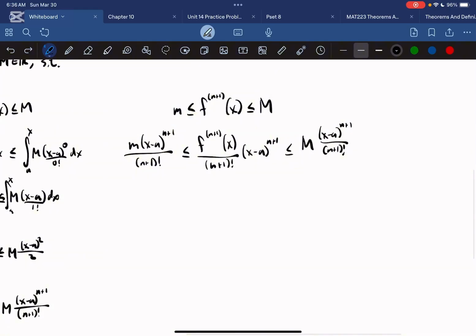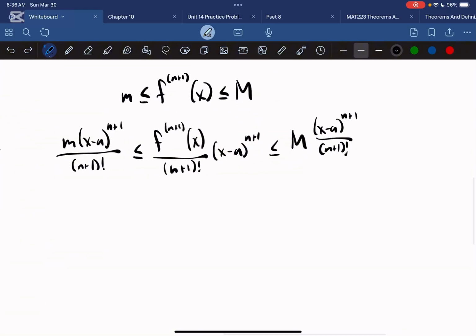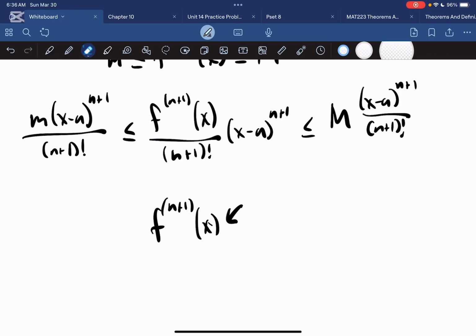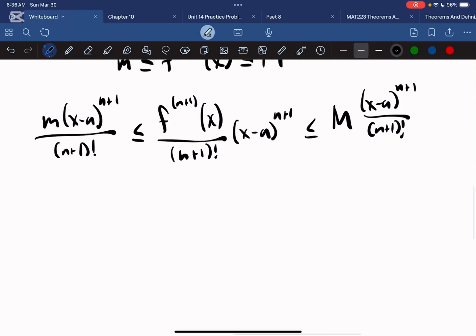So now we want to see what we know about this. We know something about the function, the n plus 1 derivative of f of x. This is always continuous, because we know f at n plus 1 is differentiable, meaning it's also continuous.